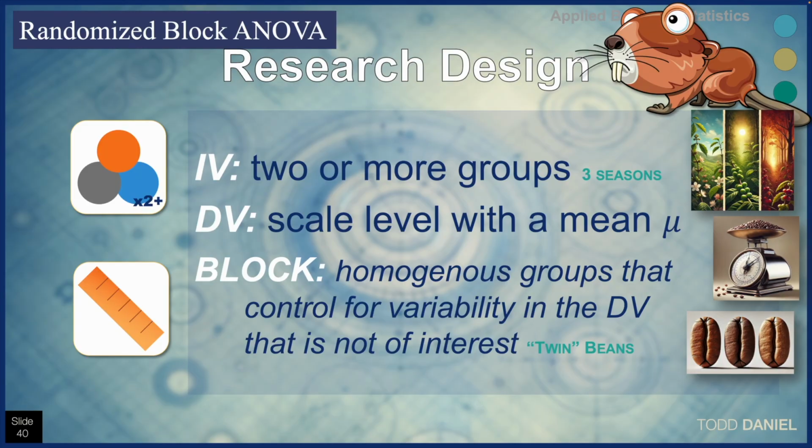Our research design, we have 2 or more groups. In this case, the factor is season, and the 3 levels of that independent variable are the 3 seasons that we've already discussed. Our dependent variable is going to stay the yield, which can be measured as a mean. But the thing that we're adding now is the blocks.